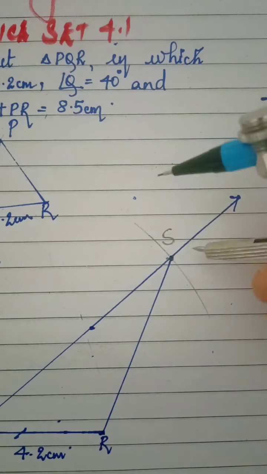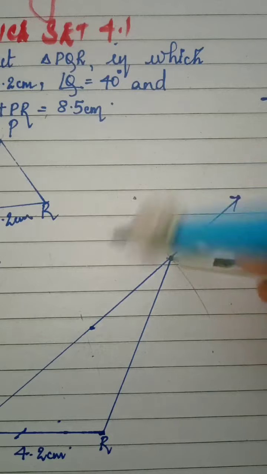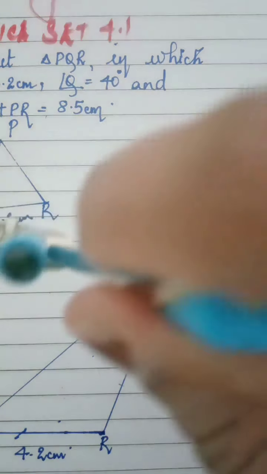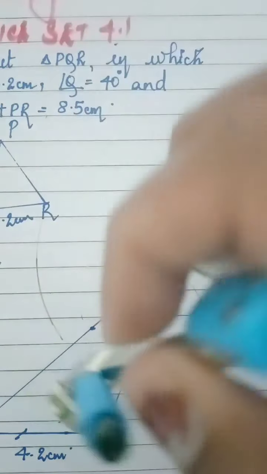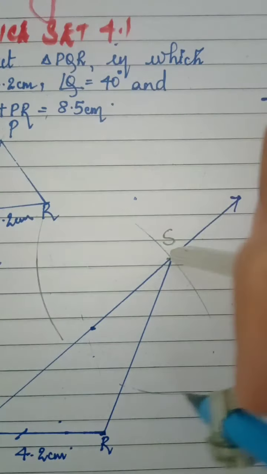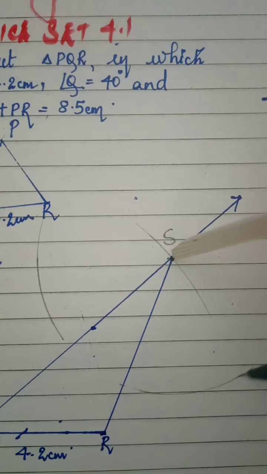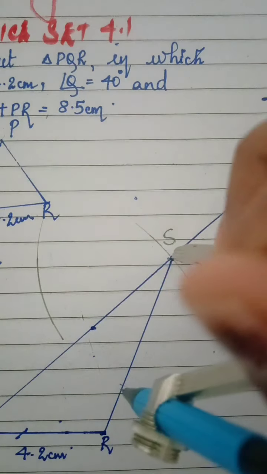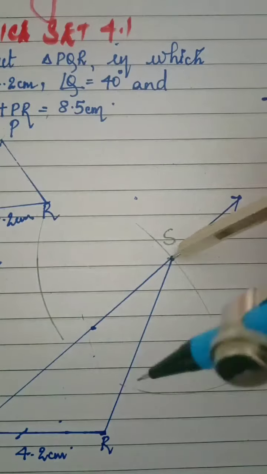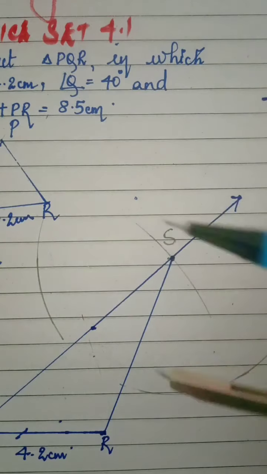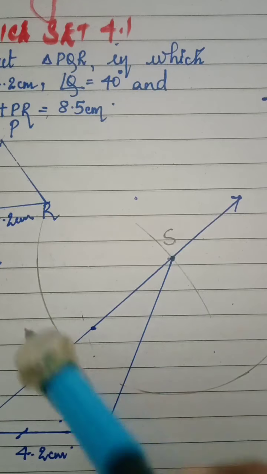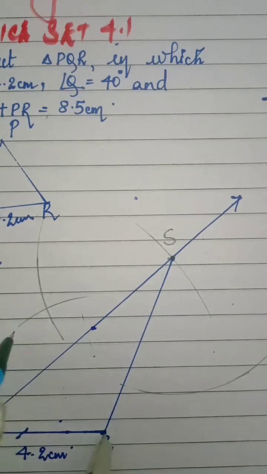For SR, keep the compass on S. Take more than half, draw an arc up, draw an arc down. Without disturbing the compass, keep the compass point at R, cut the arc down.